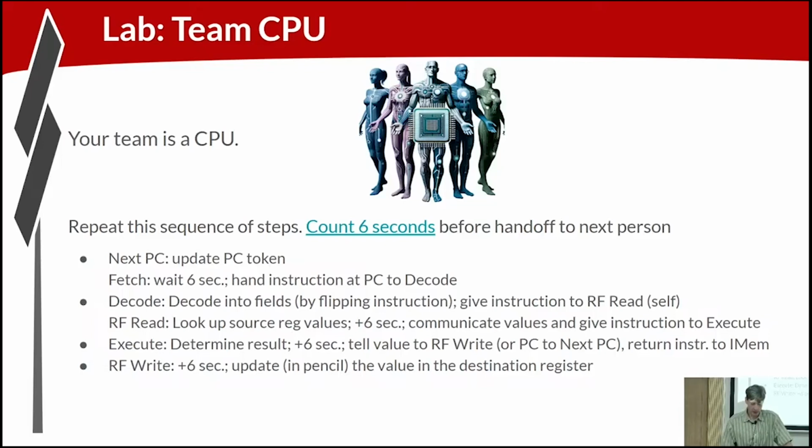Everybody else is 4. Okay, so everybody can be their own clock. Whoever is doing next PC can also be the clock. So whoever's next PC, count to 6 and, just say clock or whatever.